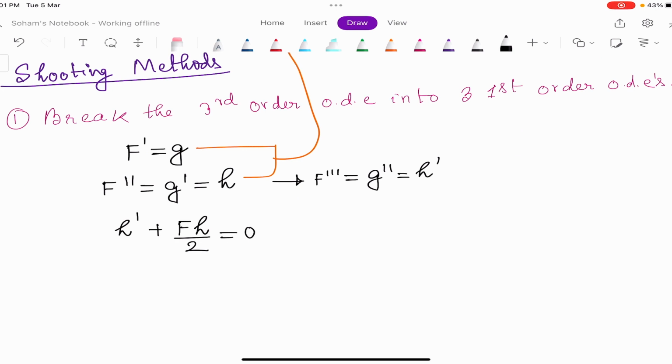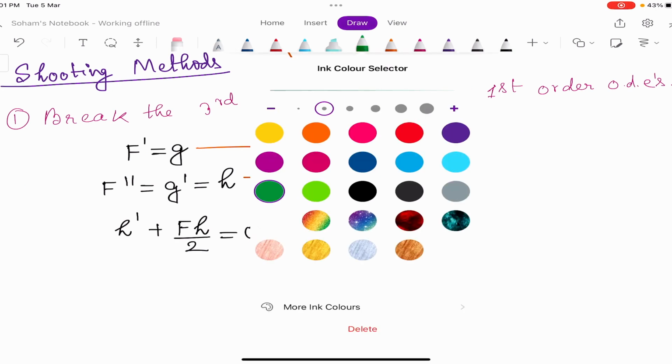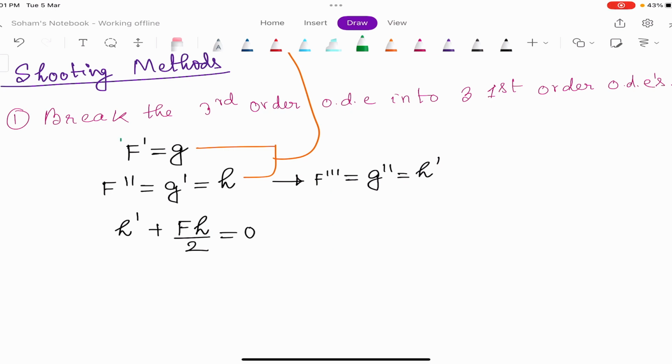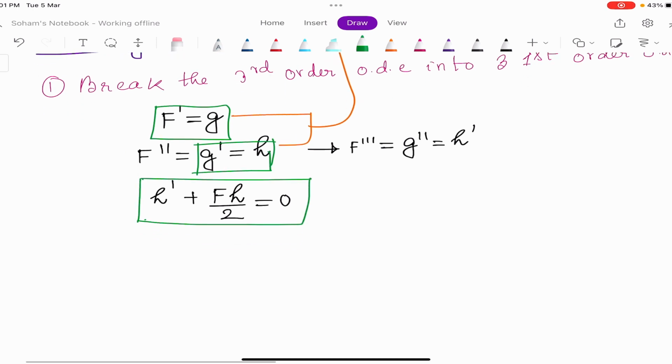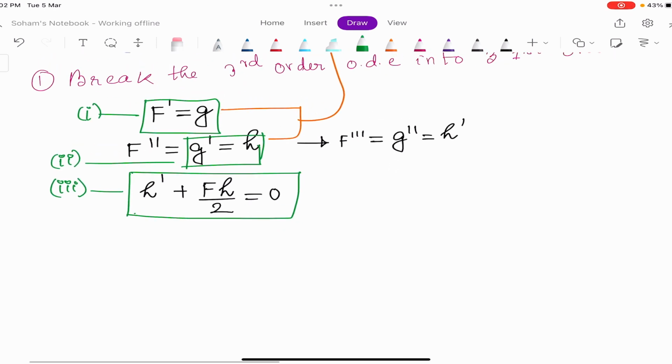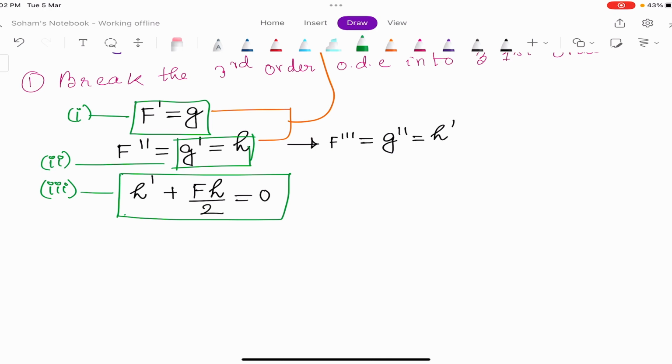Now we have the required three equations, and I can number them Roman 1, Roman 2, and Roman 3. Now I have to solve this numerically, no other way is there.